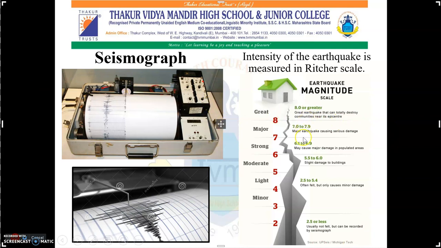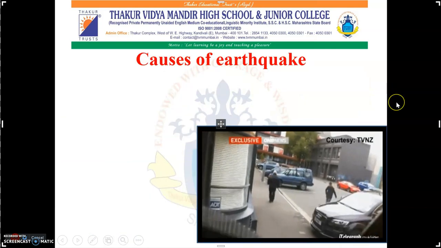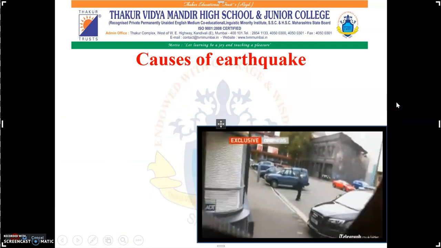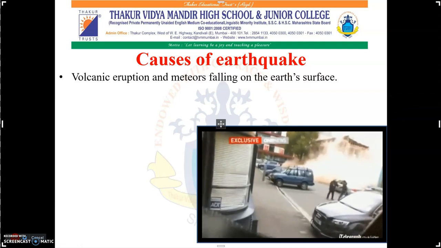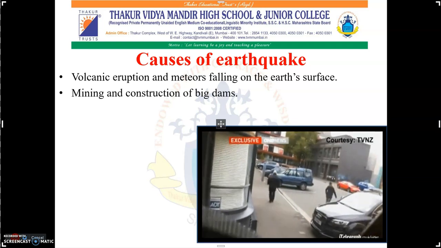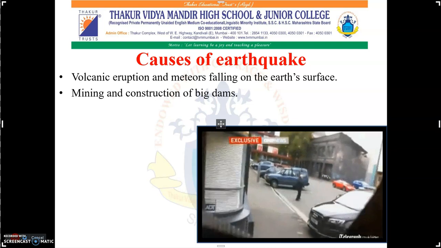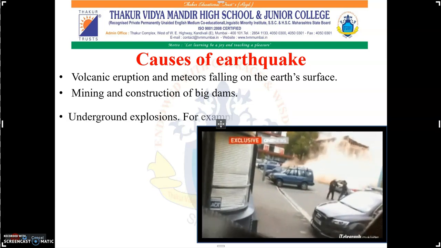Now, let us see the causes of earthquake. Volcanic eruption and meteors falling on the Earth's surface can cause earthquake. Mining and construction of big dams can even lead to earthquake.